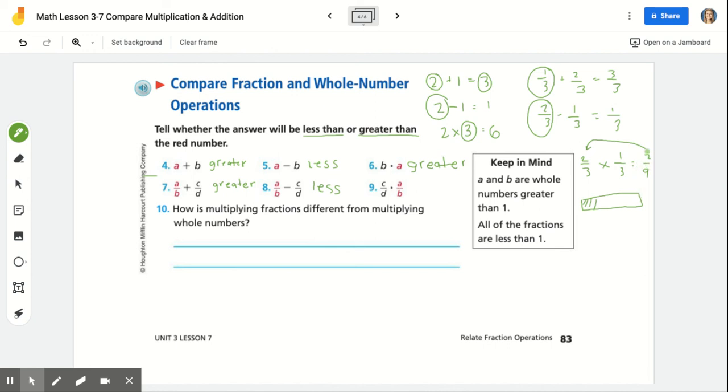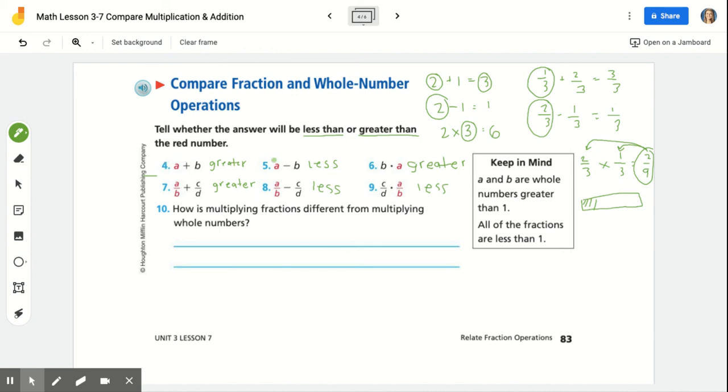Is it greater than or less than 1/3? It's less than 1/3. Our answers for multiplying two fractions by each other will always be less than the two factors. So for number 9, less. 2/9 is less than 1/3. It's less than 2/3. And how I know, I can also create equivalent fractions to compare as well.